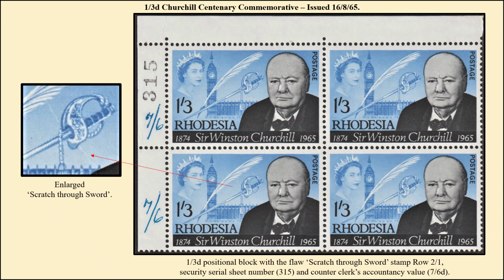The 7 and 6pences are the counter clerk's accountancy workings, and if we look at stamp number 2, that's row 2, number 1, you'll see there is a flaw behind the hilt of the sword known as the scratch through sword flaw.